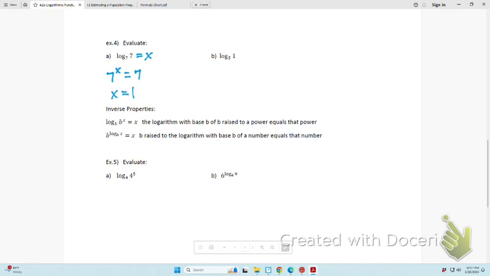And that's just a 1, right? B looks kind of weird, but think about it for a minute. 5 to what power is 1? 0. But type it in if you want.